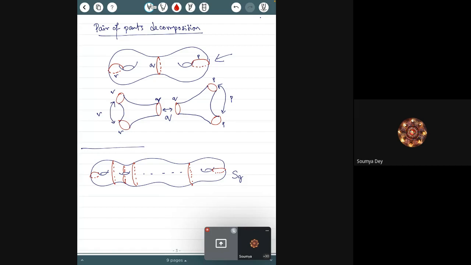And on a hexagon, you have the choice of these three length parameters, the lengths of the alternate sides. Once you choose them, that gives you a hyperbolic hexagon. From there, you go to hyperbolic pairs of bands. And then suppose you have these matching criteria, that the lengths of two boundary components which are being glued should be equal. Then you go to a hyperbolic surface.